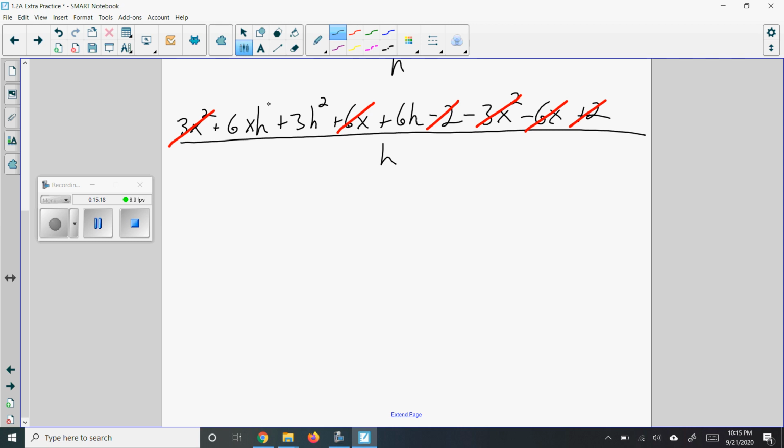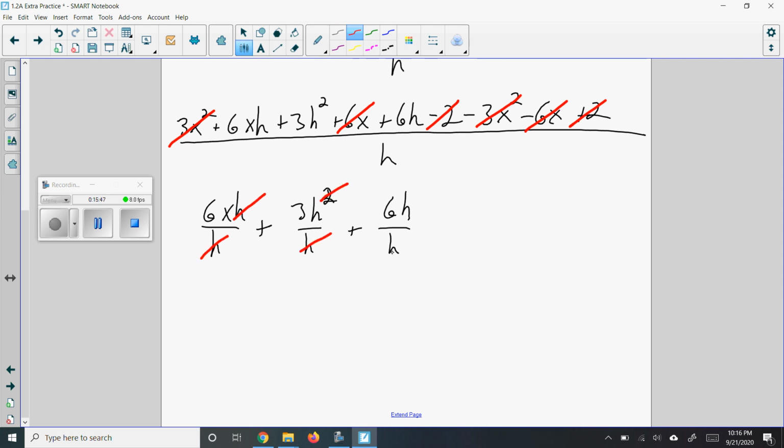Okay, so what do we have left? We have this over h, 6xh over h. I'm just doing these slightly differently, but they're all the same. Plus, I have this over h, 3h squared over h. And I have this over h, plus 6h over h. So now, these h's will cancel.